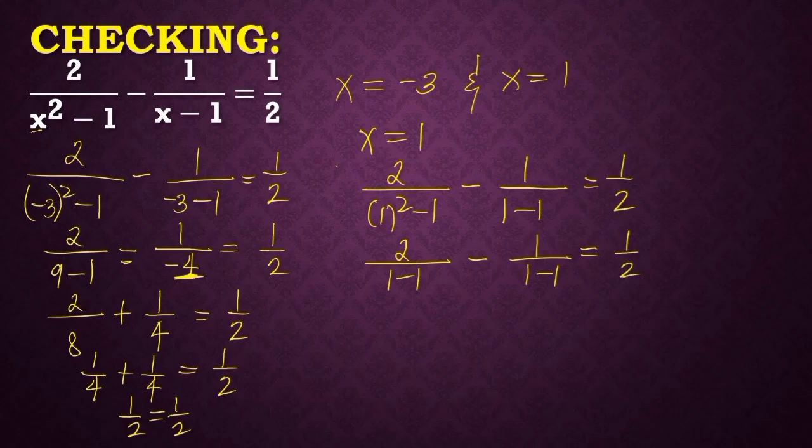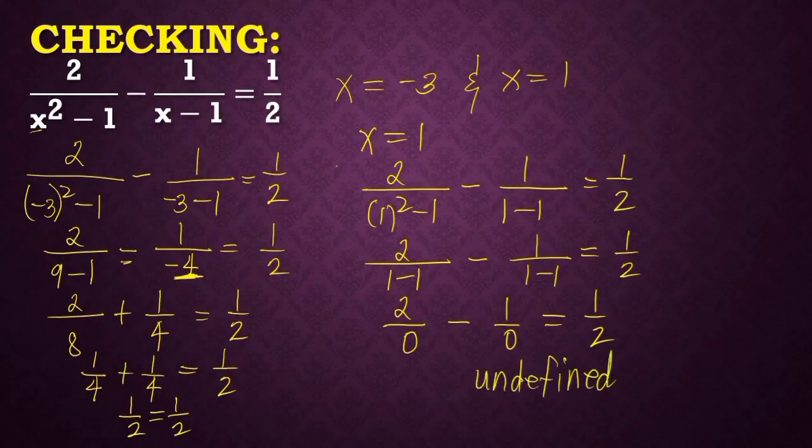So, kung isusubtract natin yung mga denominator, so magiging 2 over 0 minus 1 over 0 is equal to 1/2. So, any number divided by 0, that is undefined. So, wala po tayong sagot dito, kundi undefined. Ibig sabihin, yung x equals 1, ito po yung extraneous solution na hinahanap natin.